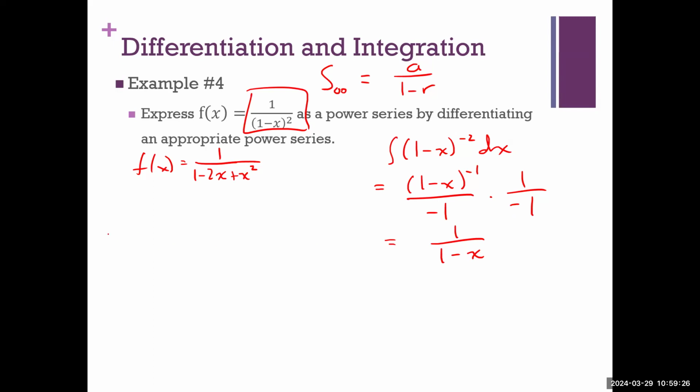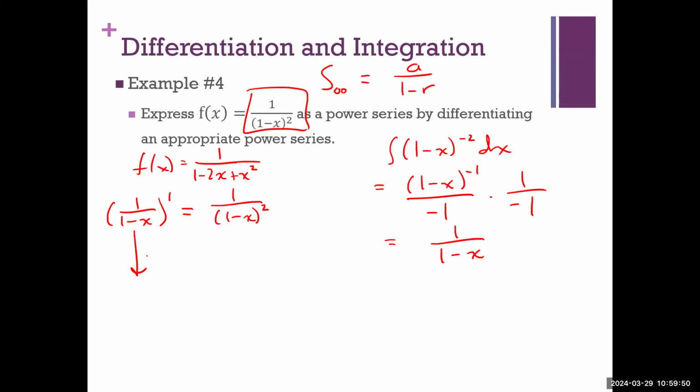So here's something I have just found out. The derivative of 1 over 1 minus x is 1 over 1 minus x squared. Do we agree with that? Is the thing on the left something I can turn into a power series?